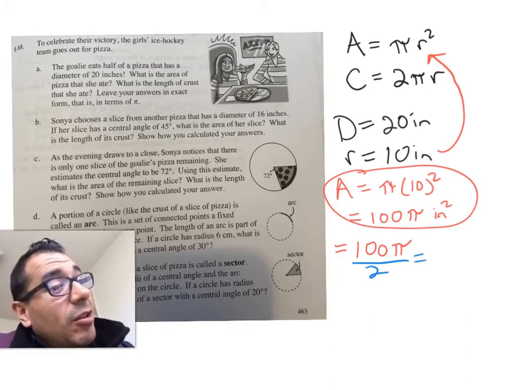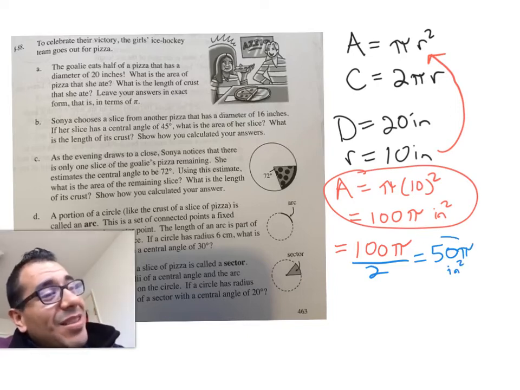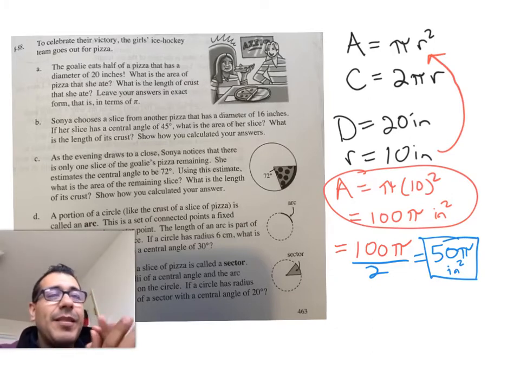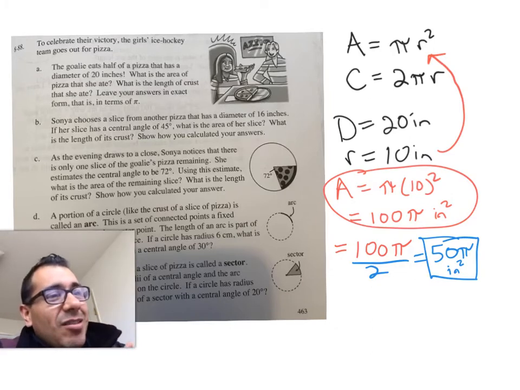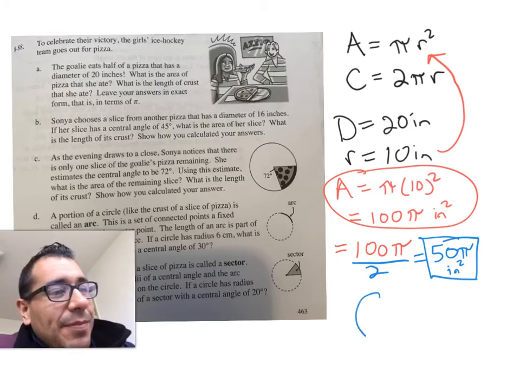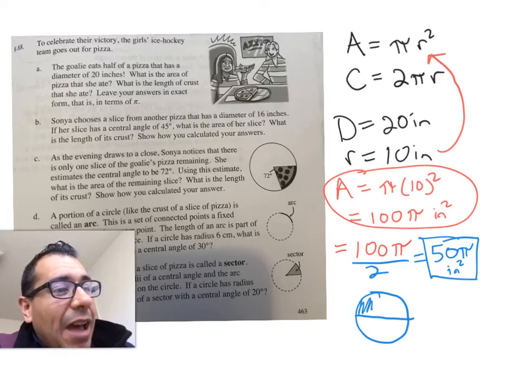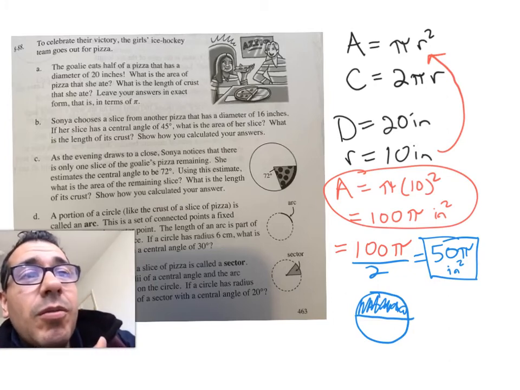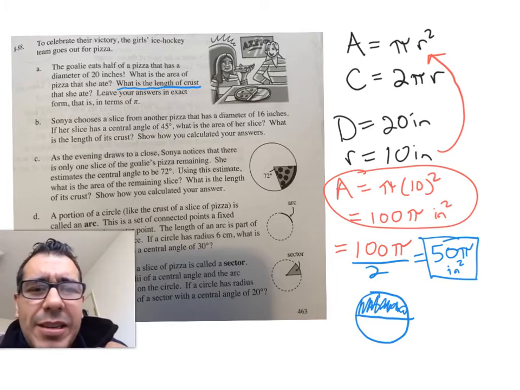So the area that the goalie eats is 50 pi square inches. So this is the real answer to part A. All right. So now that we understand that we have a pizza and we're only talking about half, right? So that's going to come in handy, especially when we go and find the length. So let's go ahead and dive into that.